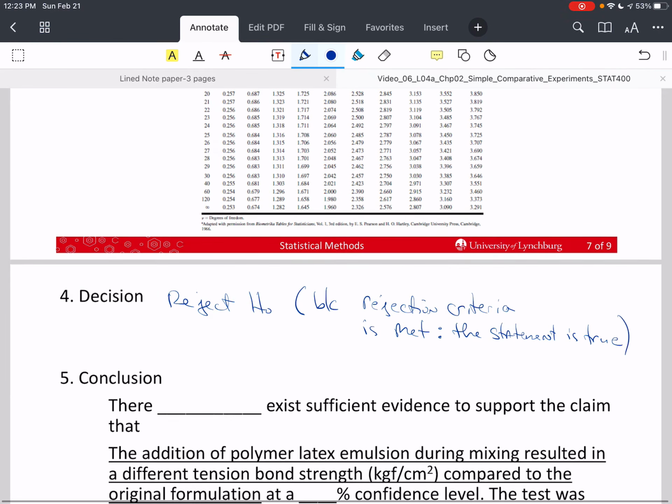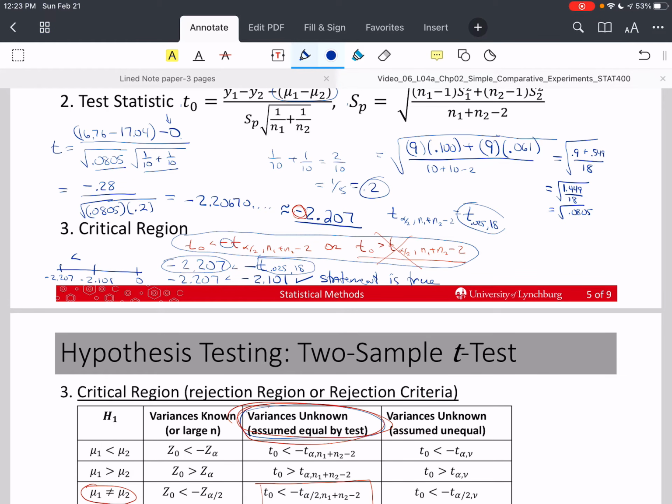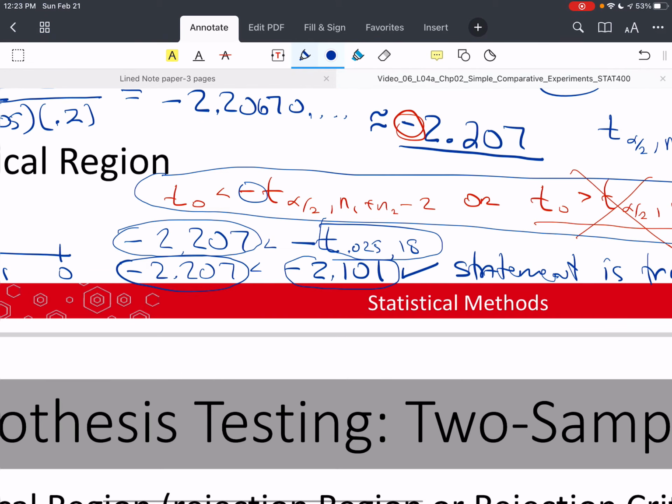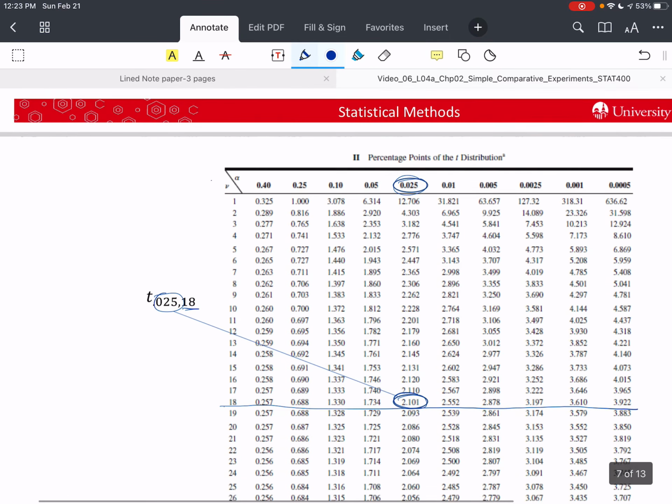So, again, because this was my rejection criteria here, I only had to look at the part that included the negative. I plugged in my test statistic for T naught, and then for this value, I plugged in that value, and so I have this last line here. Negative 2.207 is less than negative 2.101. That is true. The statement is true. If the statement is true in the critical region, then I reject the null.